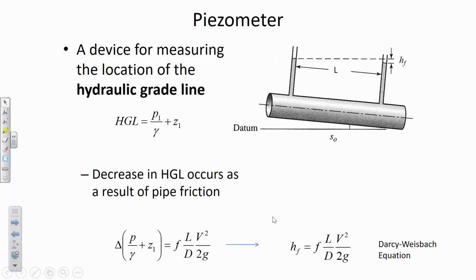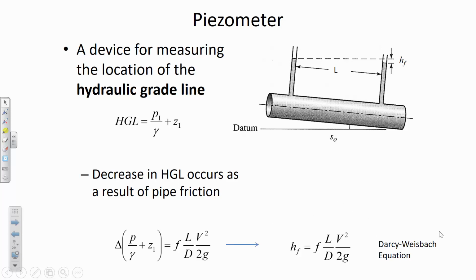If you double the velocity, you'd have 4 times as much energy loss, because the head loss due to pipe friction is a function of velocity squared. And if you make the pipe diameter smaller, that increases the energy loss, and that's why it's in the denominator of the Darcy-Weisbach equation. So I just wanted to remind you where the Darcy-Weisbach equation comes from.